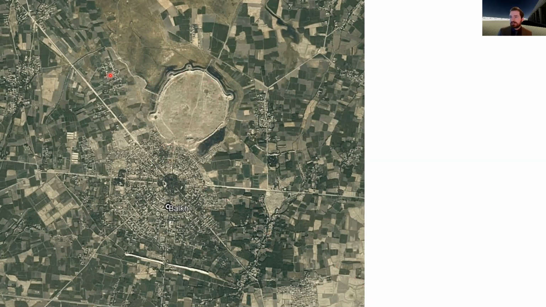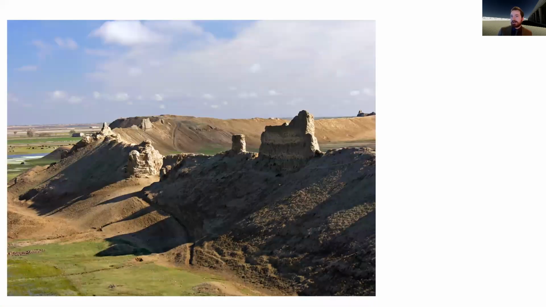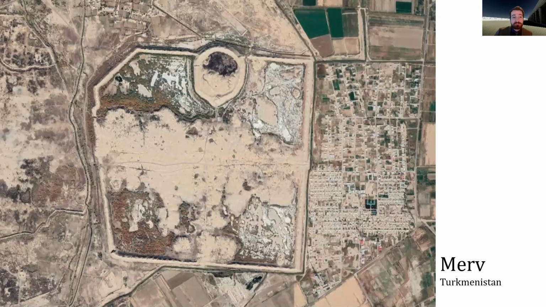But again, you can see here this massive fortification wall, you can see the new city here, and here are the remains of the Seleukid part of the city, and here are some more. You can just see the outlines of the outer city wall. And here is a lovely picture of some of that, and you can see the little grazing cattle in the background, lovely. So another site is Merv.